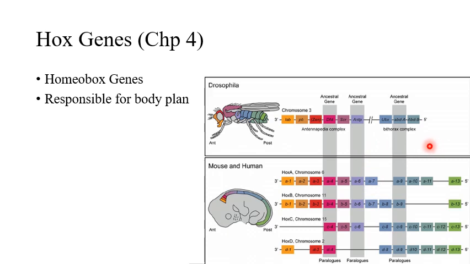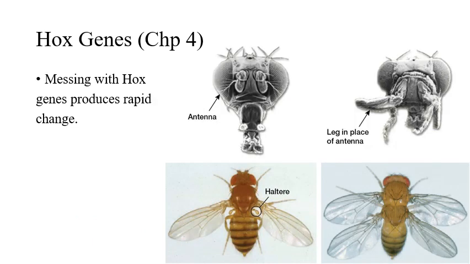And they help establish your general overall body plan, right? That's the function of them. The interesting thing about Hox genes is if you start messing with them, it produces really, really rapid changes. This is stuff that was done in the lab. They activated a Hox gene right here that caused these halteres, which are reproductive structures, if I remember correctly, to develop into wings.